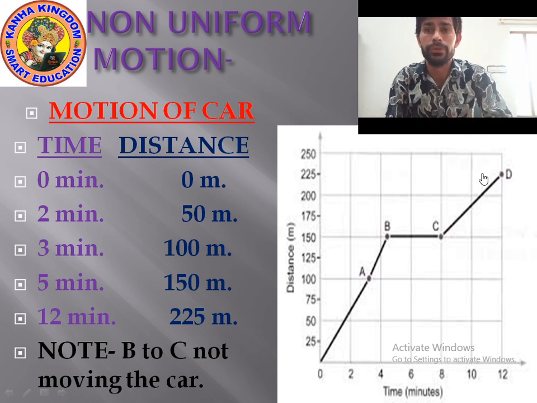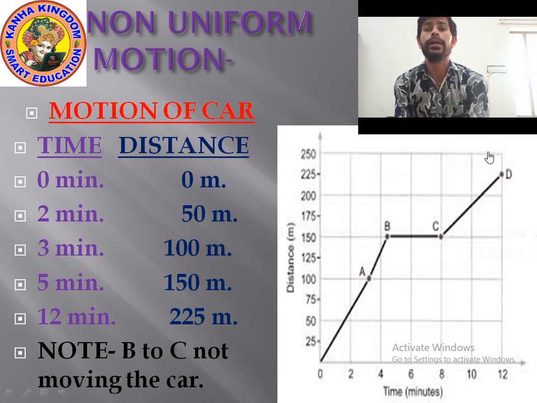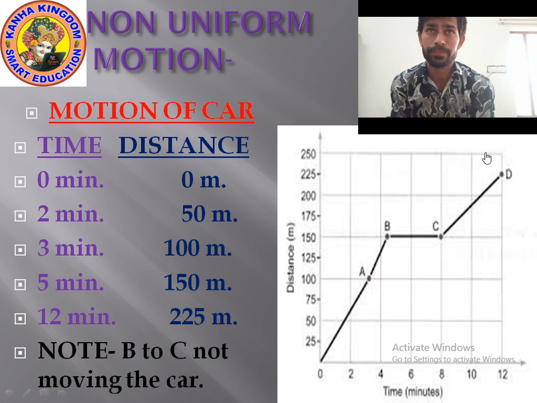Okay, draw the graph in your notebook and try to understand. So I hope you understood non-uniform motion. What is non-uniform motion? If the speed is not constant, that time the graph will be a non-uniform motion graph.